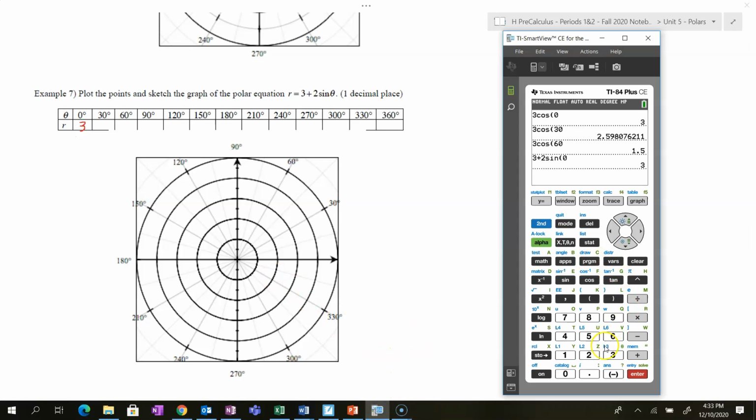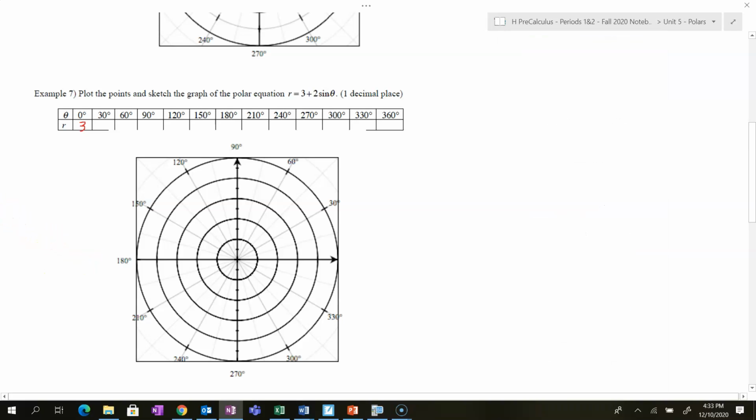And then we would do 3 plus 2 sine 30, and that's going to be 4. There, that's a hard 4.